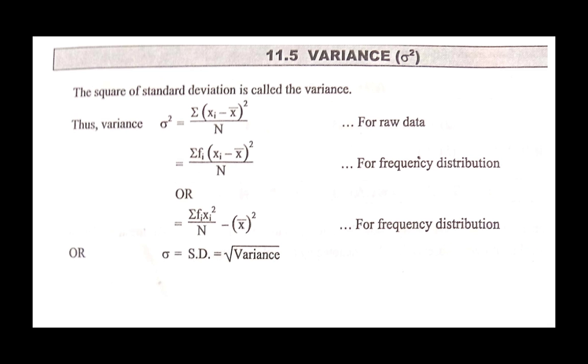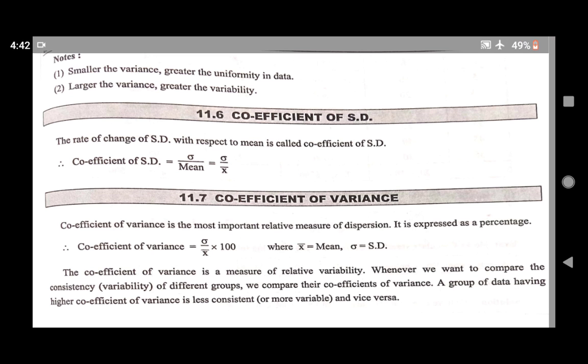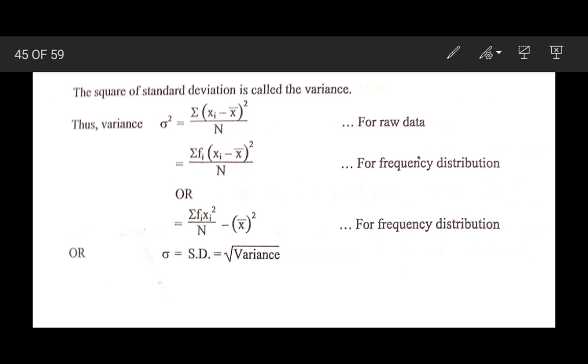Now the next measure of dispersion is variance. Variance and standard deviation are related, so we study variance along with standard deviation. Variance means sigma square. So the variance of the random variable x is equal to sigma square.